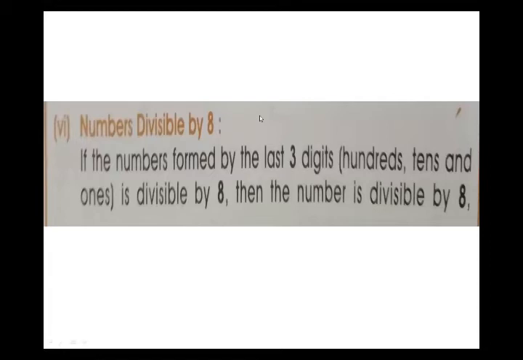But to check the divisibility of 8, we consider the last 3 places: hundreds, tens, and ones. If the number formed by these places is divisible by 8, then we say that the actual number is also divisible by 8.